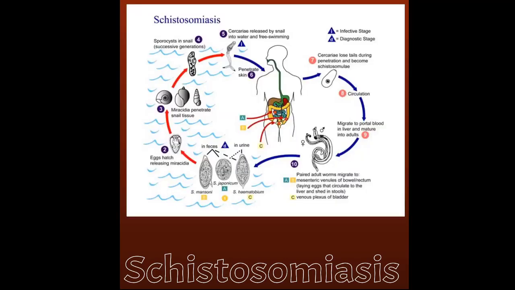So what happens with schistosomiasis is that a person has the infection or the parasite within them, and this can be either in their bladder or within their intestines. And so then this person uses a water source to go to the bathroom. So fecal or urination, and that expels the parasite out into the water.